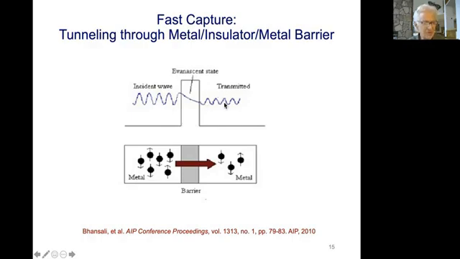And once they're captured on the other side, it's very unlikely that they'll be able to go back again. And so in this way, we might be able to very quickly capture zero-point energy, because this tunneling process takes about a femtosecond or so to occur.